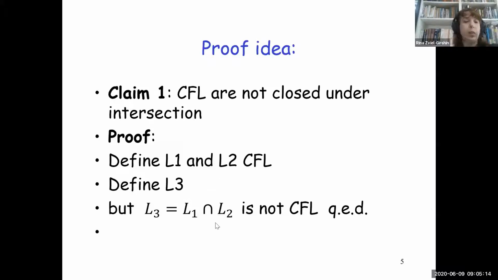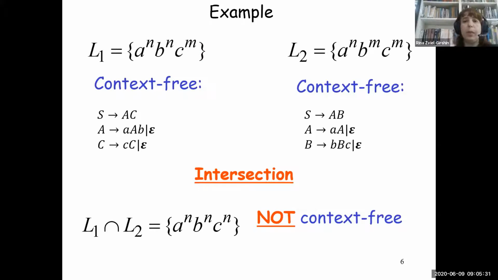In our case, the operation will be intersection. And I have to choose L1 and L2 wisely, so I will definitely have L3 as a non-context-free language. Okay, so let's talk a little bit about the idea of the proof.